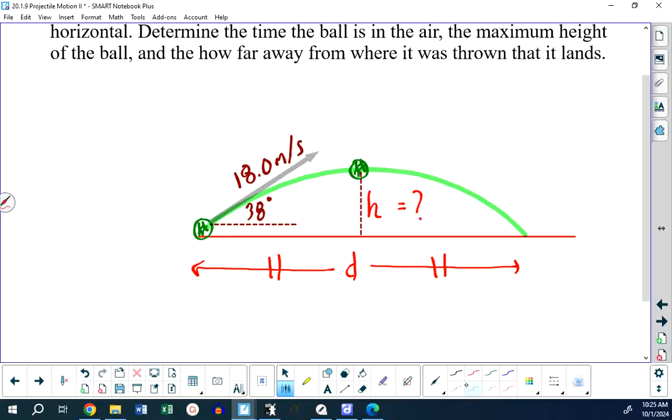It's going to act on it, giving the same negative effects while it's on its way up as when it's on its way down. Gravity is negative everywhere. And then also you want to find the total time to impact. So these are the three things we want to find.